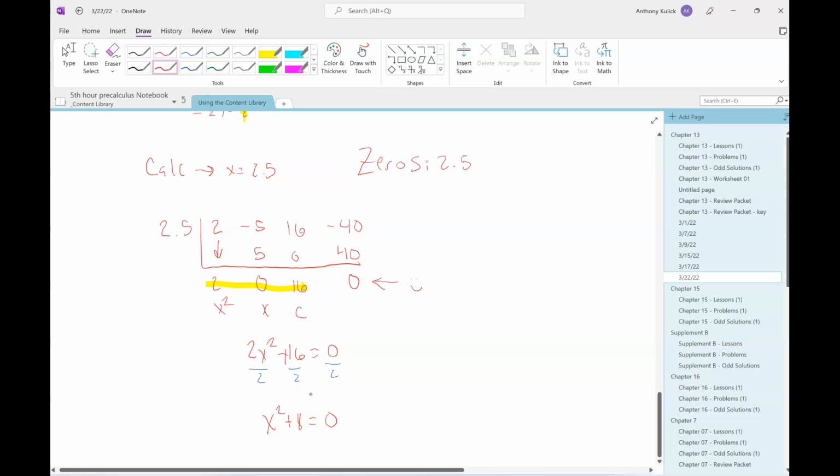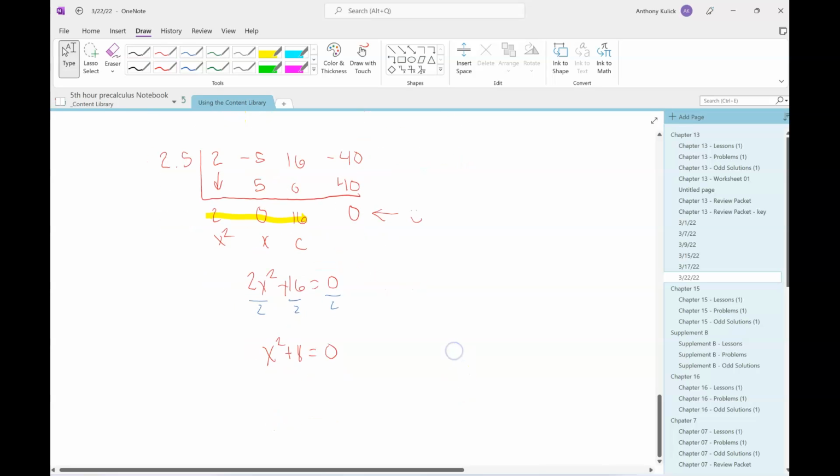Now you could use the quadratic formula on this. It wouldn't be wrong to do that. The a here is 1, the b is 0, and the c is 8. But I would just solve this directly. You don't have an x term, you just have x squared. So I could just subtract 8 from both sides, square root both sides.